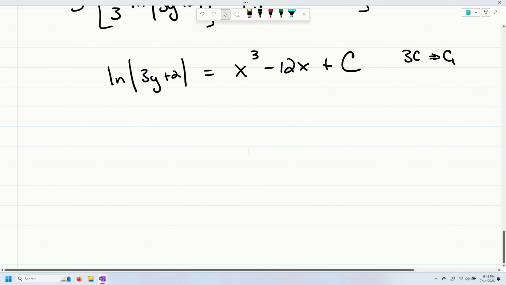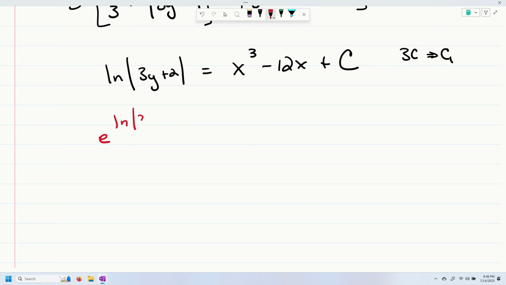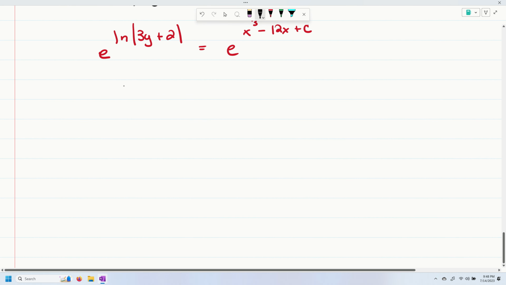All right? Now the question becomes, well, how do we solve for y? Well, you're going to go back to your properties of logs. I'm going to exponentiate using e to both sides of my equation here. So that's going to give me on the left-hand side 3y plus 2.